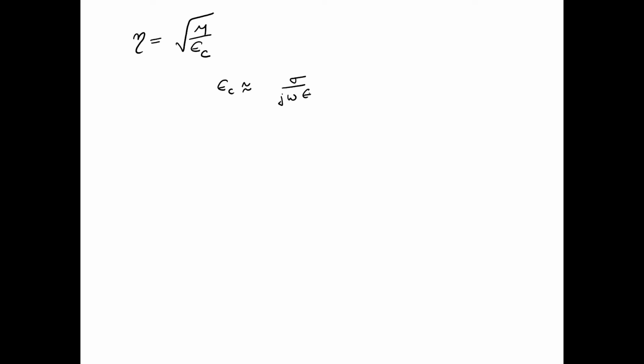So if I substitute it here, I get square root of mu by sigma by j omega, so I get a square root of j omega mu by sigma.